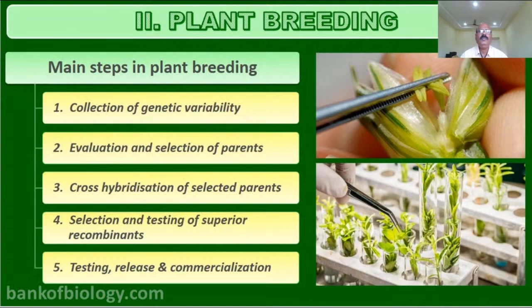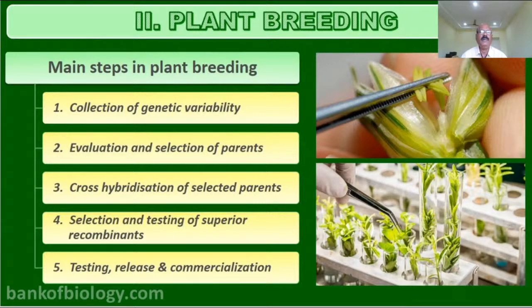In plant breeding, there are five main steps. Number one, collection of genetic variability.